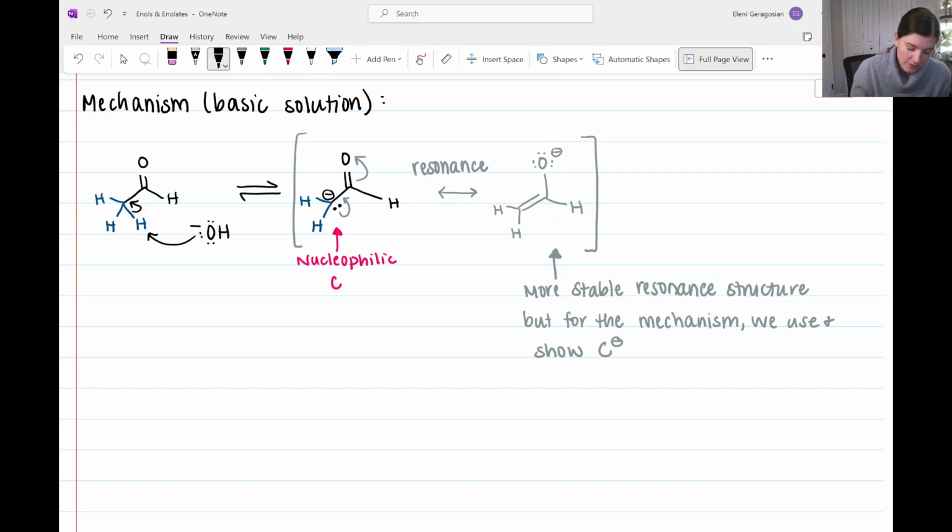Now, if we have abundant aldehydes and we have the enolate, again, we're doing the mechanism, so showing negative charge on that carbon. I'm not showing the hydrogens here just to keep it simple. We just said in the last structure, this is a nucleophilic carbon.